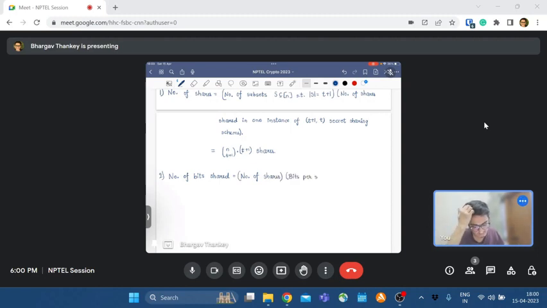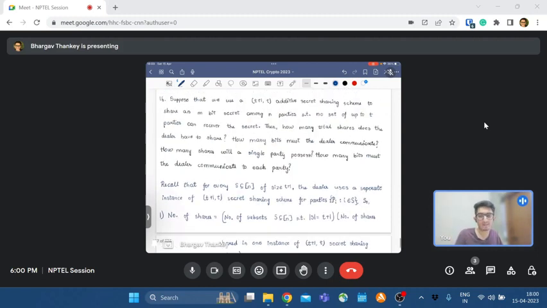Now, we know this number, we just computed it: n choose t plus 1 times t plus 1. And how many bits are there per share? Well, we want to do secret sharing for m-bit secrets.